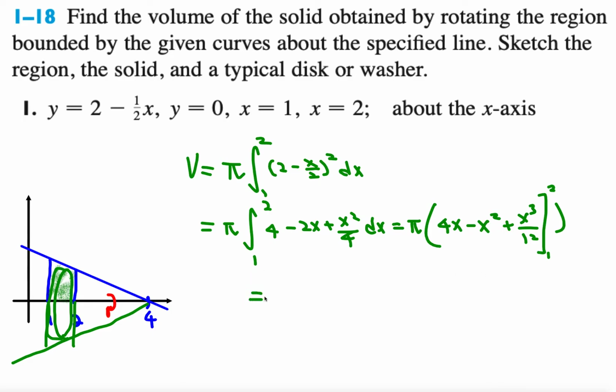Now, when you plug in 2, the first one becomes 8, minus 4, and then the third one is 8 over 12, minus, if I plug in 1, I get 4 minus 1 plus 1 over 12.